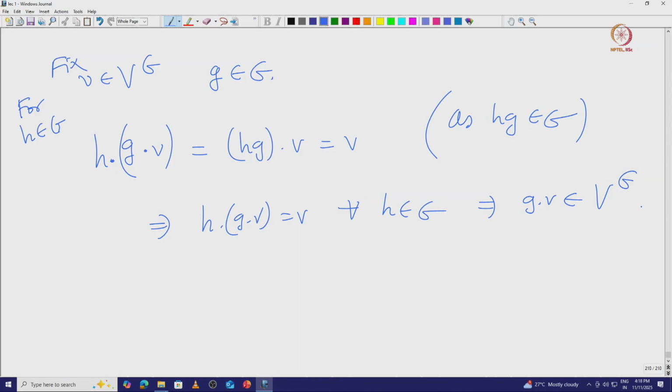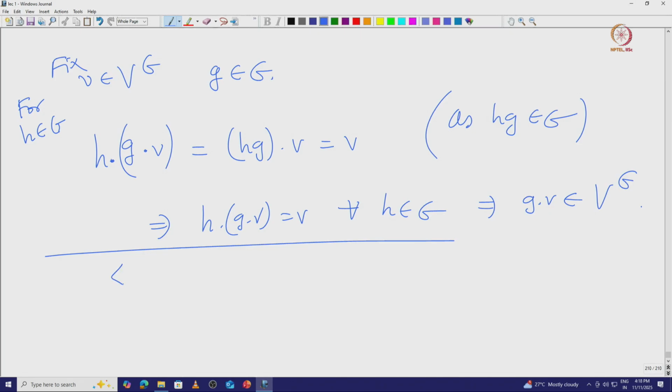Now, as before, if we are working with a unitary representation, we can talk about the orthogonal complement of this Vg. Like I said, we can always start with some inner product and use the averaging technique to get a G invariant inner product.